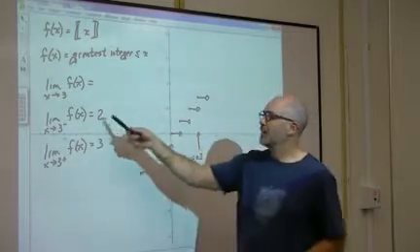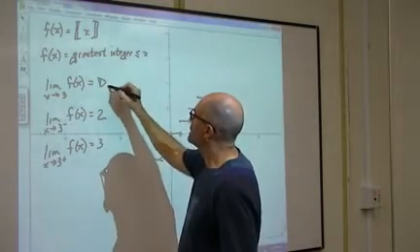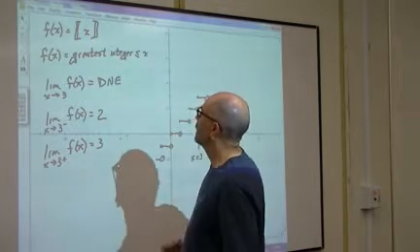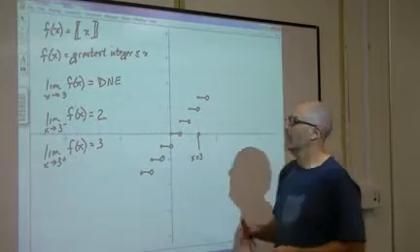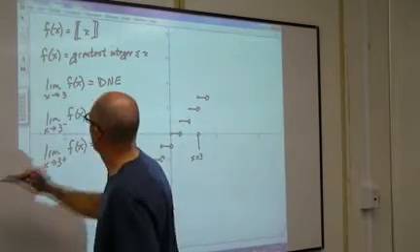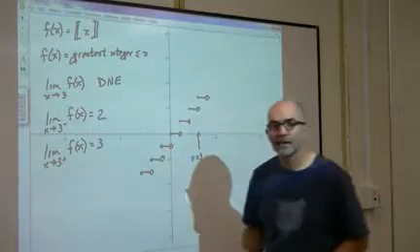Now, the left and right-hand limits don't agree, so the limit as x approaches 3 of f of x does not exist. It just plain does not exist.